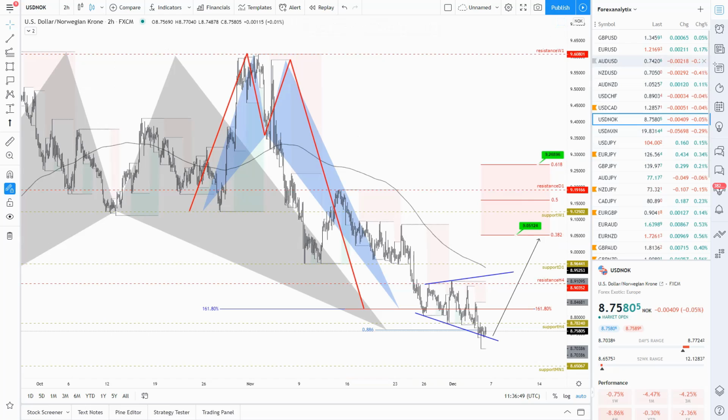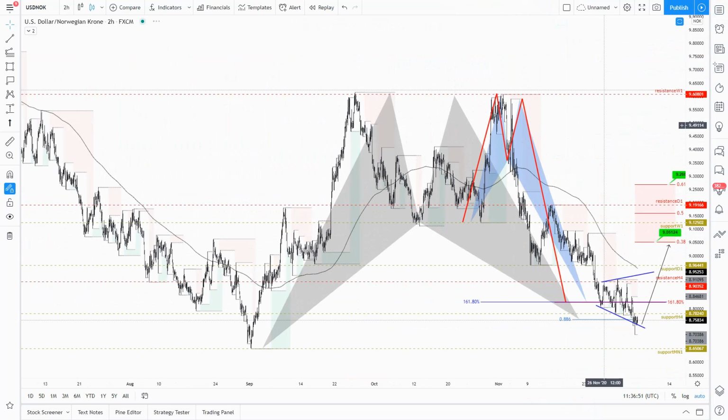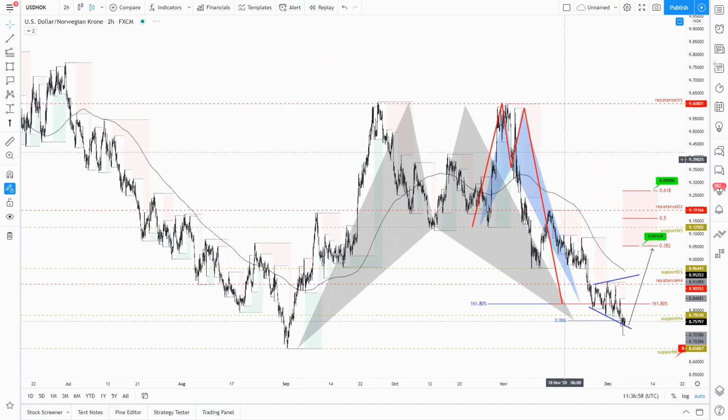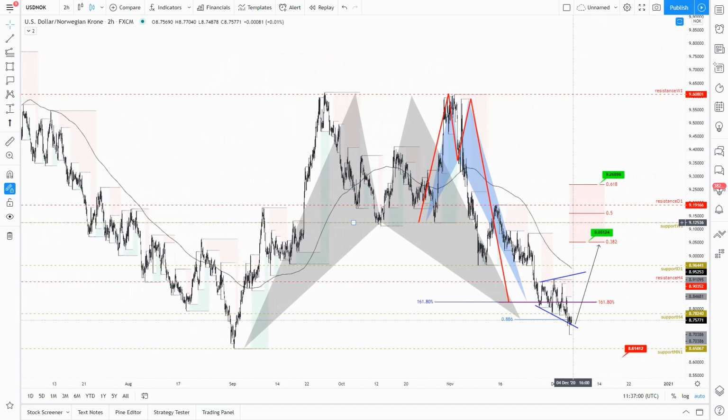Norwegian krone. Now that's one that I decided to go long today morning. Actually, this morning I decided to push a trade for the Norwegian krone. Well, the reason why I pushed this trade is that it's supported by those advanced patterns, obviously, but also because we are trading this kind of megaphone formation, or whatever you want to call it.